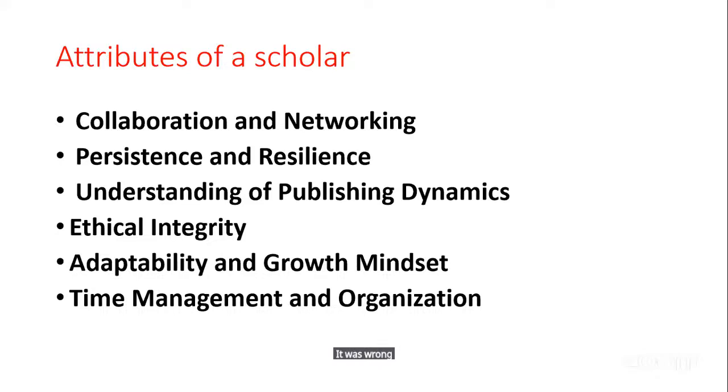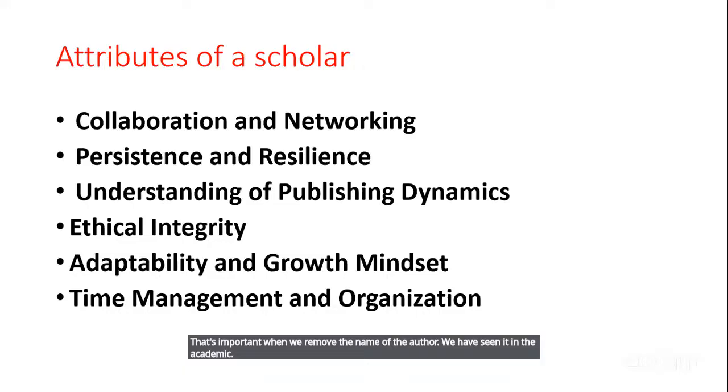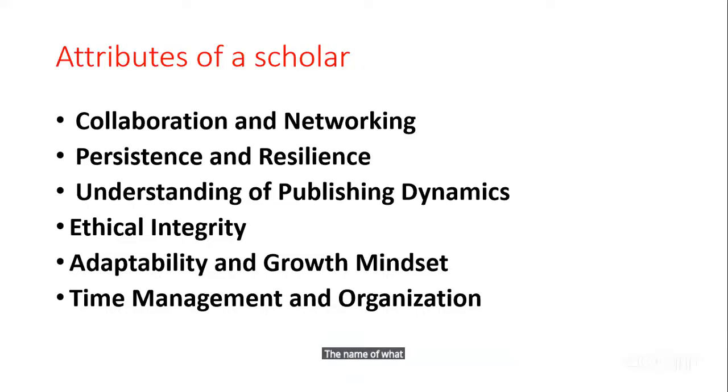Some people will copy the work of others and will not give credits to such authors or individuals. They believe that they do it as if they are doing their own words. There are some people even will remove the name of the author. We have seen it in academia. Removing the name of author, publish paper, they put their name and they will publish it.